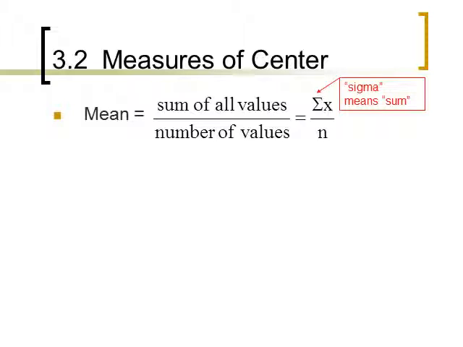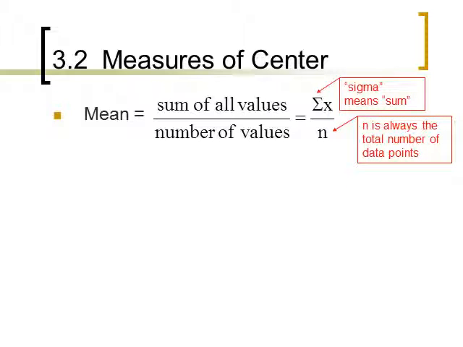And every time we see sigma in a math course, it always means find the sum. And then right after it you see x. So this means find the sum of all of your x's, and x's are the individual values. And then below that, we're dividing that by n, and every time we see n used, that is the number of values total that we have. So n is always total.